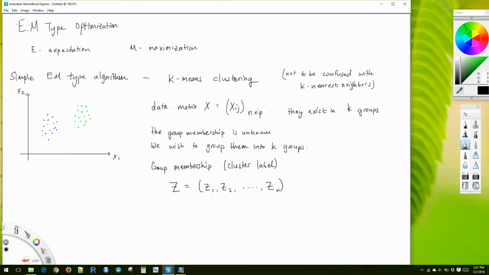So we have n observations and p variables. In our case we've got two p's, an x1 and an x2, and then we've got n observations.